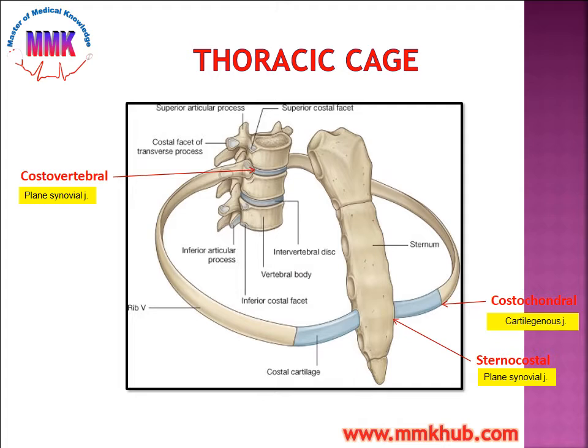This is another diagram which is showing the thoracic cage and different joints in the thoracic cage, which we already discussed: the costovertebral joint, which is a plain synovial joint, the sternocostal joint, which is also a plain synovial joint, and the costochondral joint, which is the cartilaginous joint.